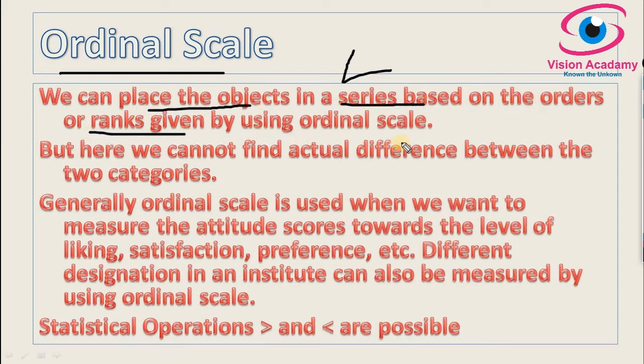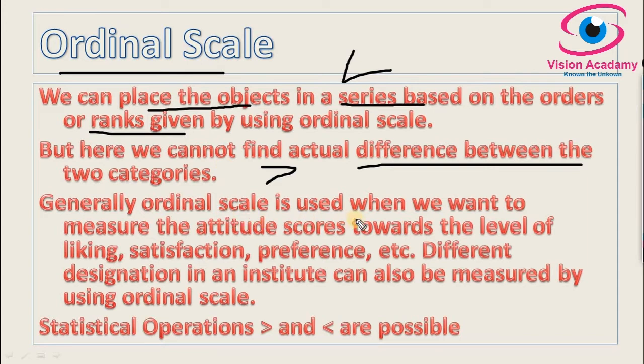We can say just greater than, but here we cannot find the actual difference between the two categories. The difference between male and female we cannot find. We cannot say how much greater male is than female, or how much greater female is than male. We can just compare based on the order of ranks. Something is greater than something.